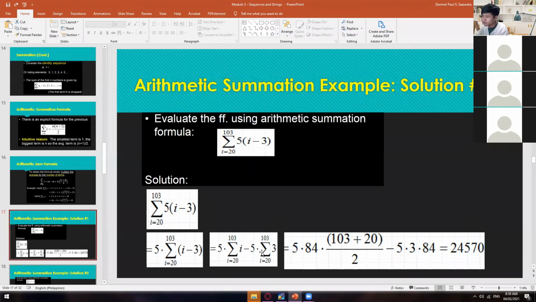So times 84, and then the last one is times 3. If you're going to solve this one, you will get 24,570. So that's how you simplify this one.